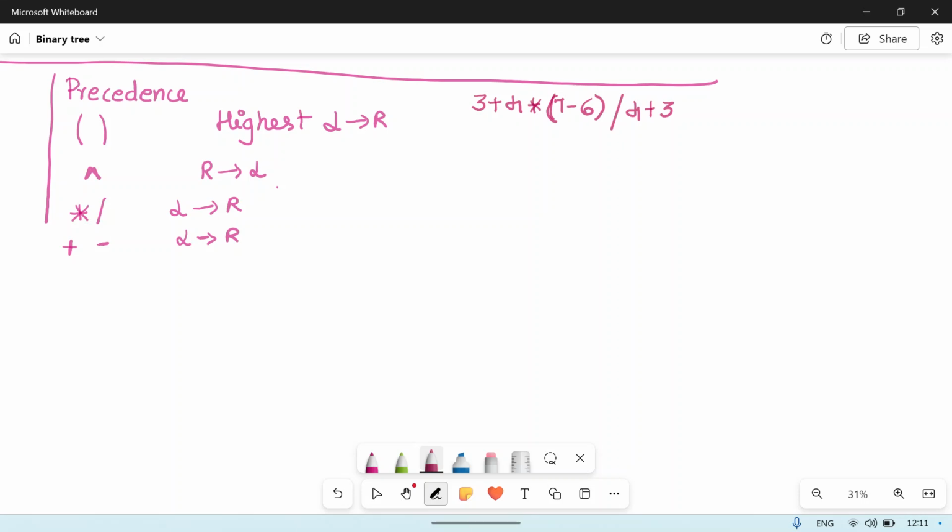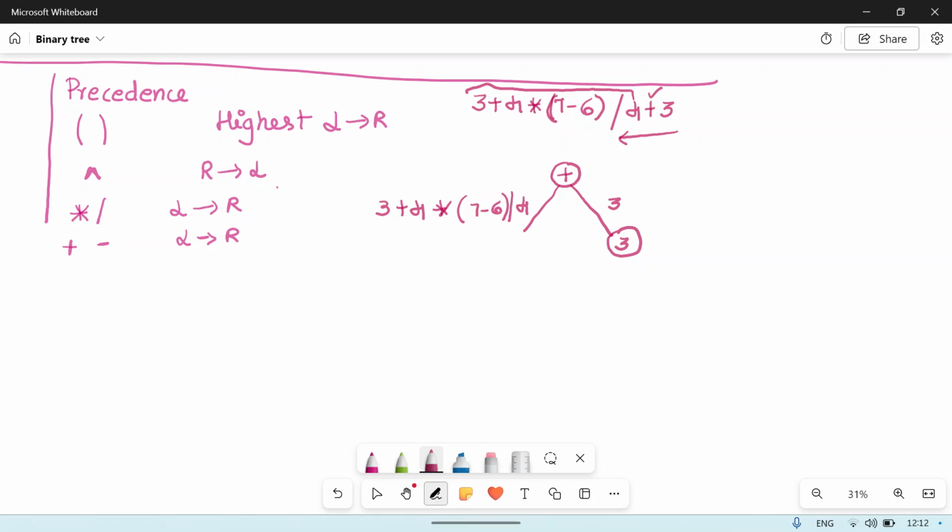If you look at this expression from left to right, plus is having the least precedence. So plus becomes the main root. Everything from here to here becomes its left. So 3 plus 4 star 7 minus 6 divided by 4 becomes your left part, and 3 becomes the right. So no problem. 3 is easily put like this.